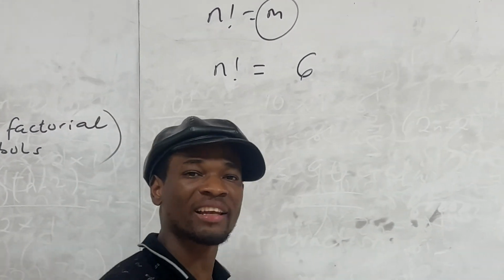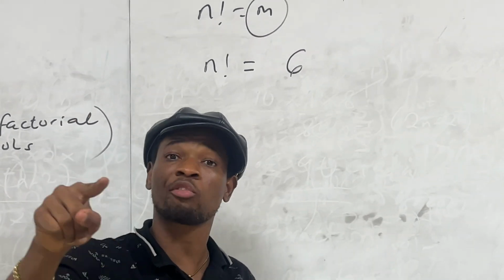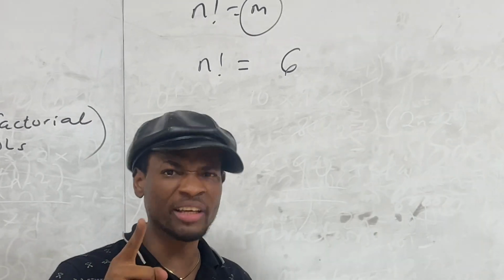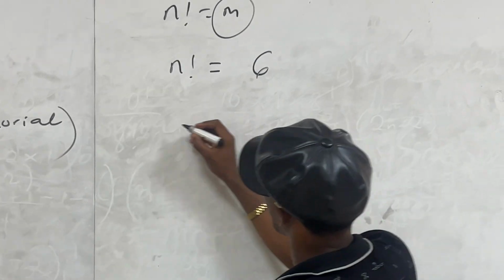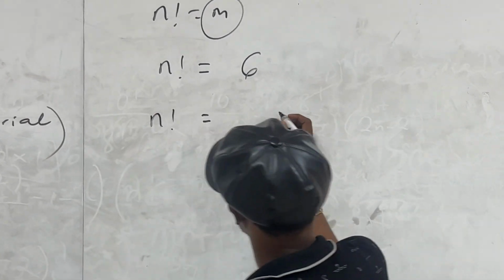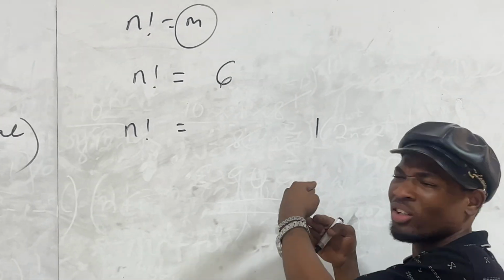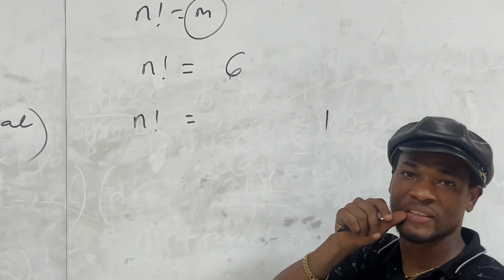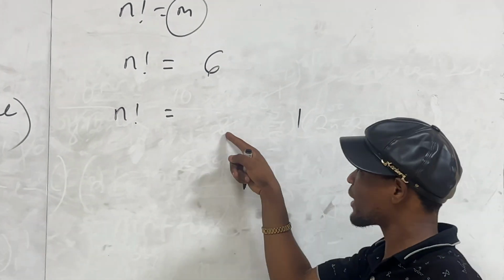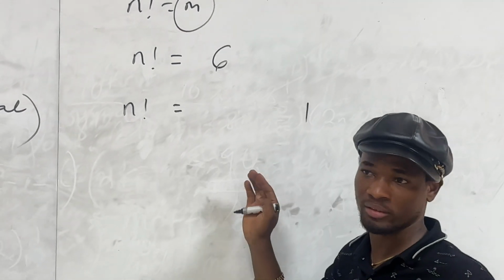If I want to convert a number into a factorial form, I will start from the number 1. It is advisable to do that. So I have n factorial equal to 1, then you multiply until you get to the number 6. If you get the number, you stop at that point.